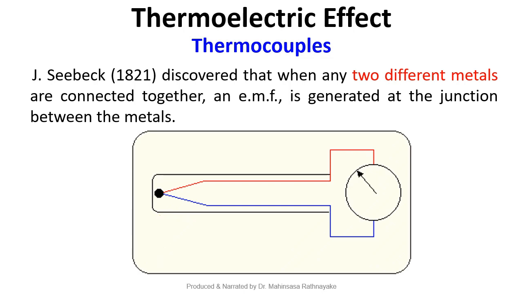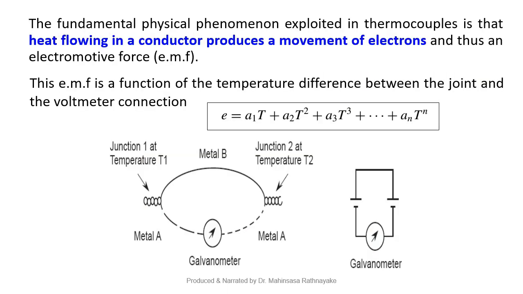From the basics of electricity, we know that metals are good heat conductors as well as electrical conductors. So when heat flows in a metal, it produces a movement of electrons, and therefore an electromotive force is generated.